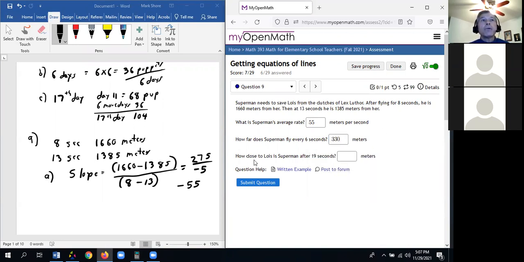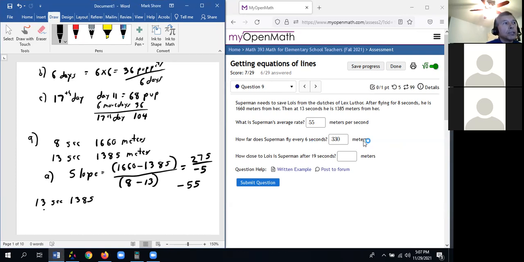And then how close to Lois is Superman in 19 seconds? So we can see in 13 seconds, that was given in the problem, he's at 1385 meters. And then that's going down because he's getting closer to Lois Lane by 55 meters every second, or in other words, right here, 330 meters in the additional 6 seconds.